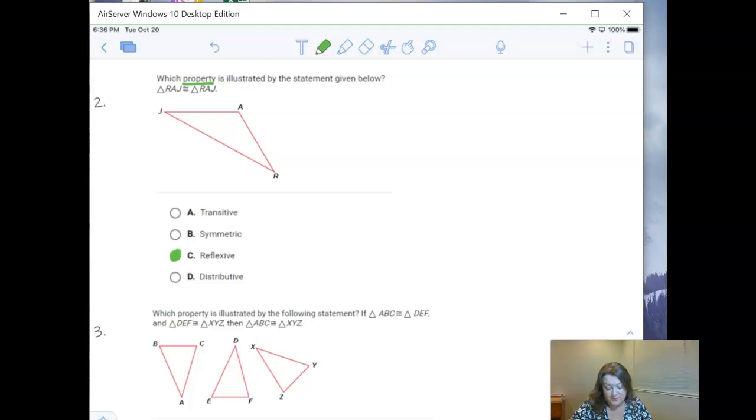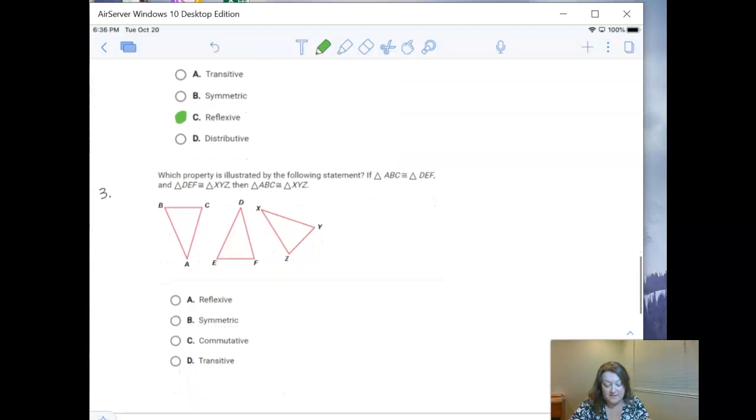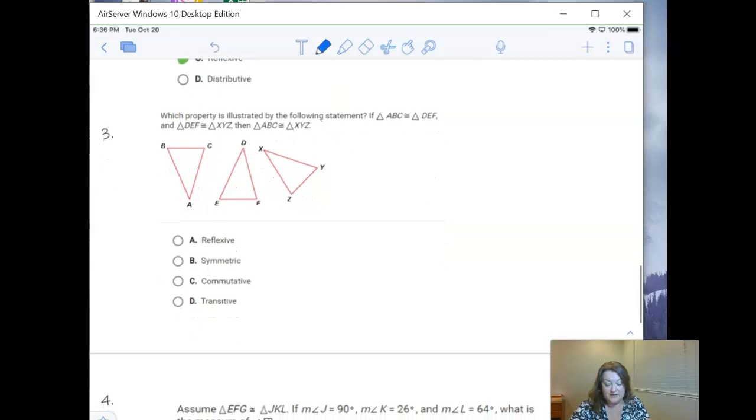All right, next one. Which property is illustrated by this one? Switch over to blue. So this one has 3 triangles. Ooh, I missed a statement ahead of time.